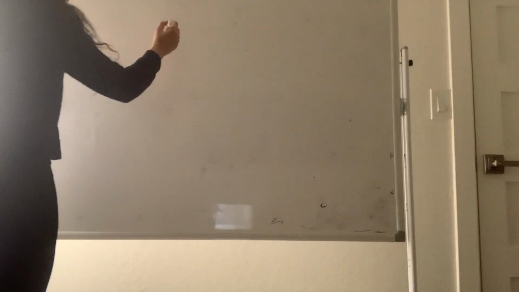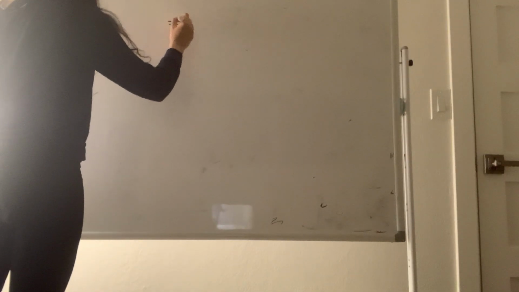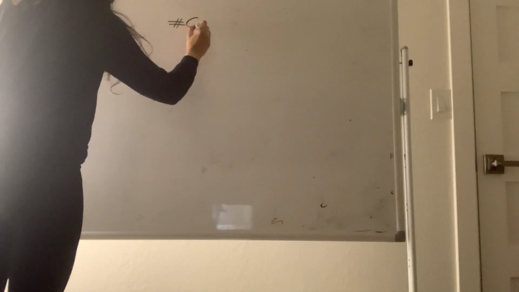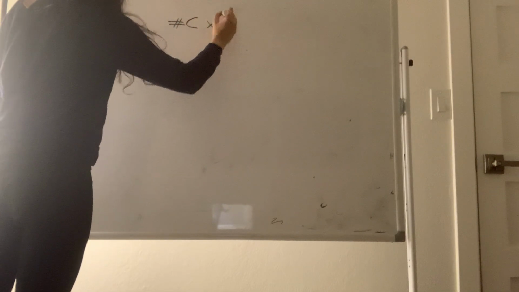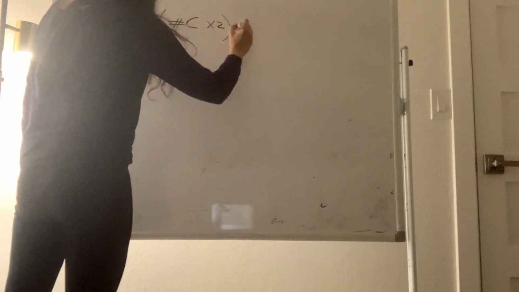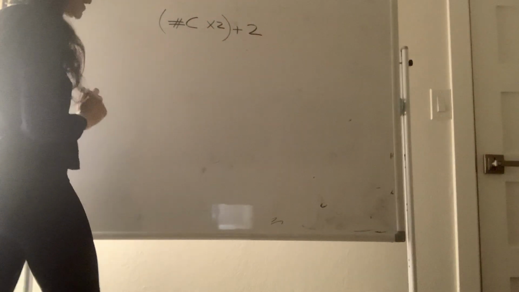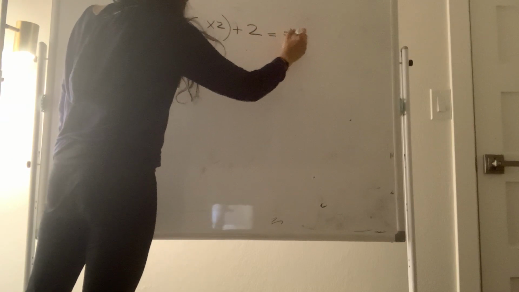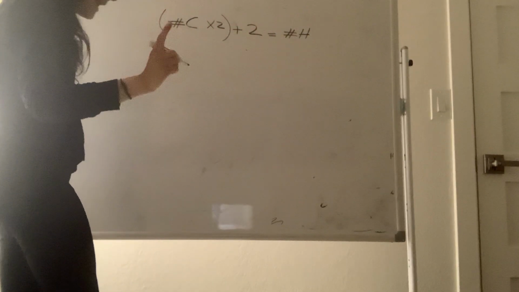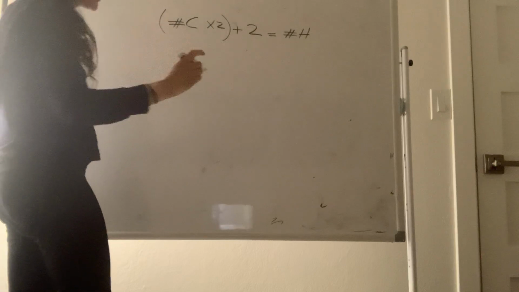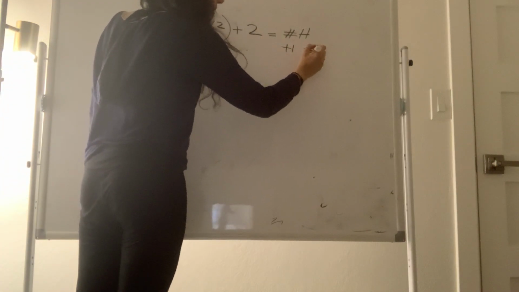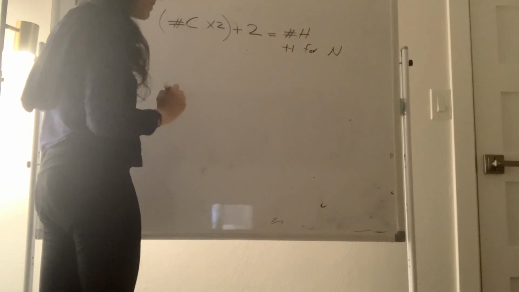So, number of hydrogens. How could you figure out how many hydrogens an organic compound has? Here's the formula. Number of carbons times 2 plus 2 gives you the number of hydrogens. Then, you're going to add 1 for every nitrogen that you have.